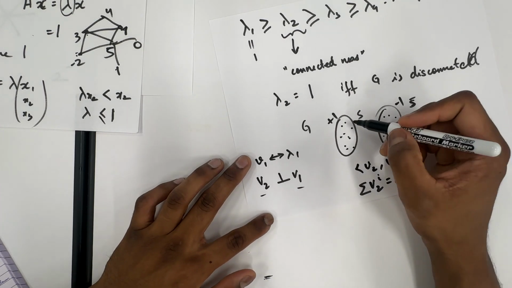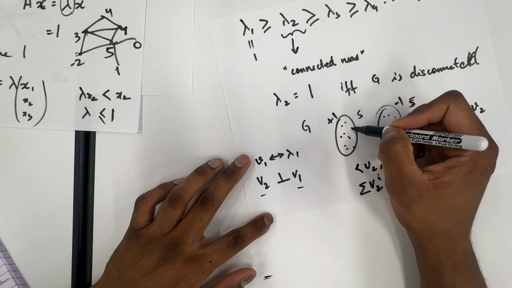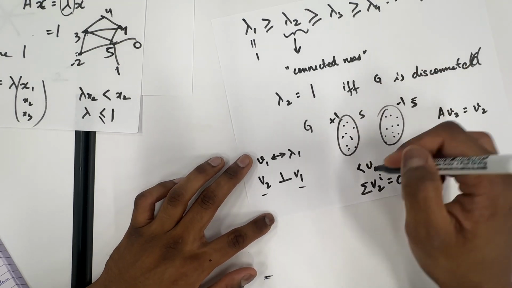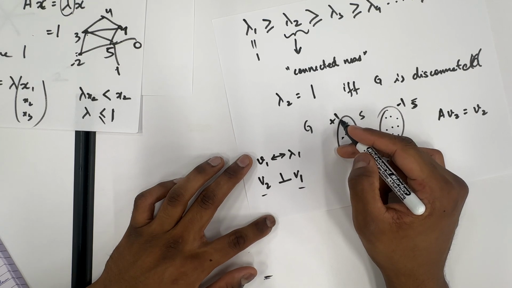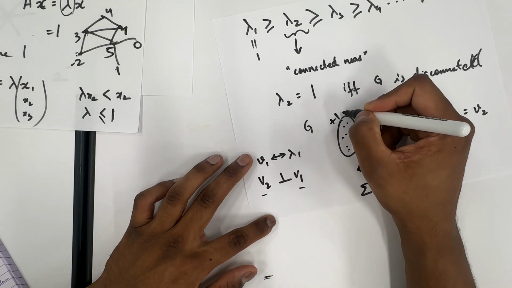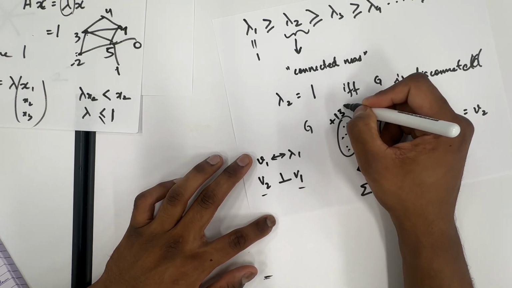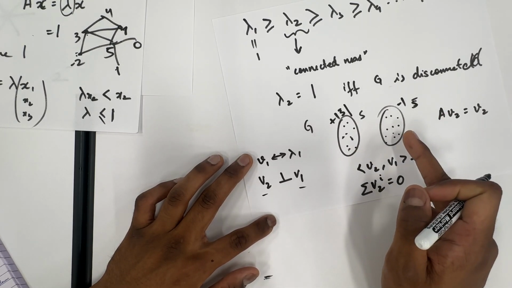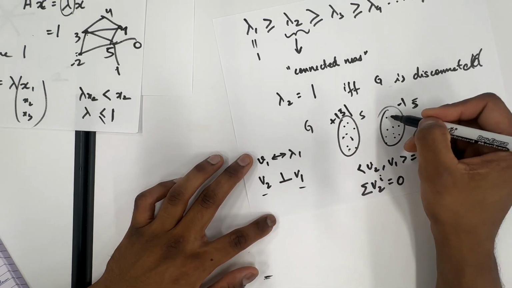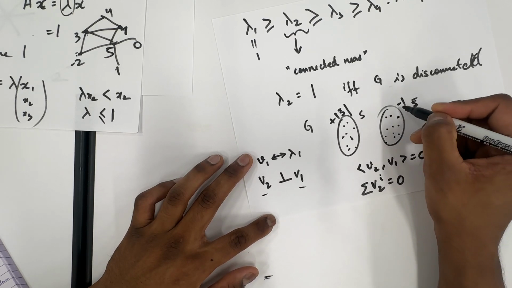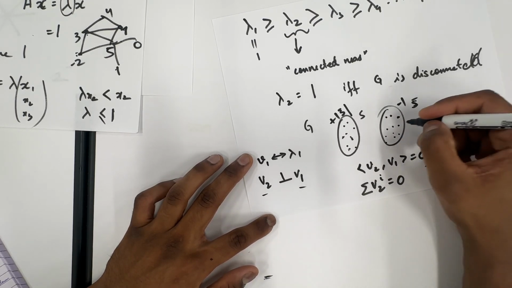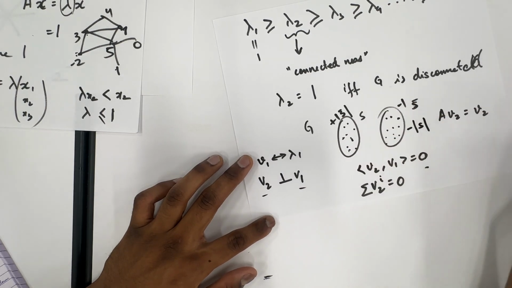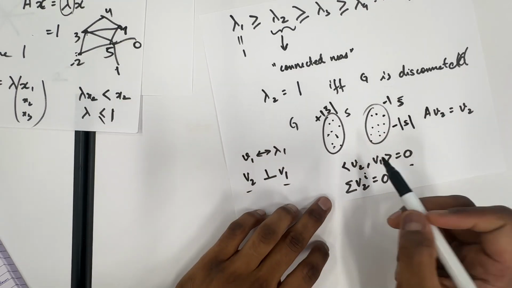Here's the interesting bit. If I assign all of these vertices not as plus 1, but as plus the number of elements in S bar, the number of elements in the opposite side, and instead of every vertex being the value minus 1, I assign the value minus the number of elements in S. Now let's see what happens if I take the sum of all of these.